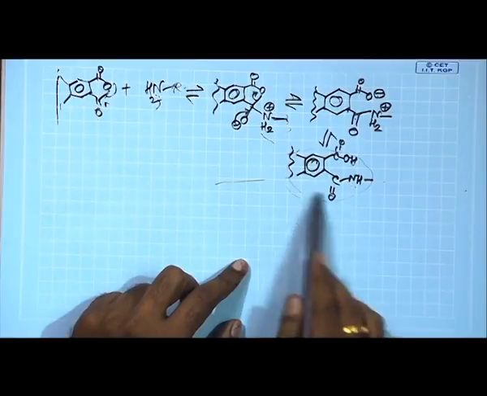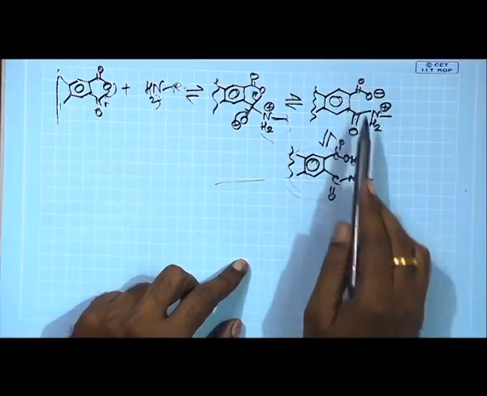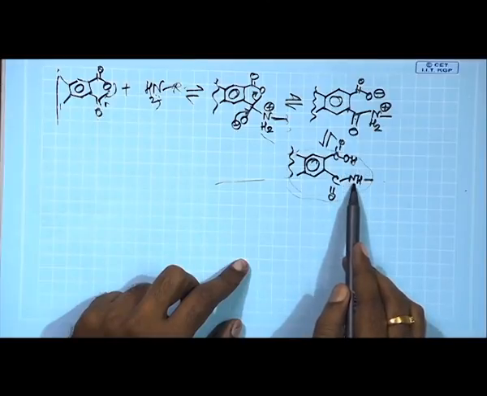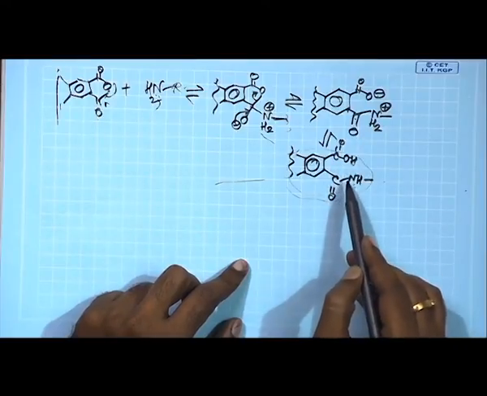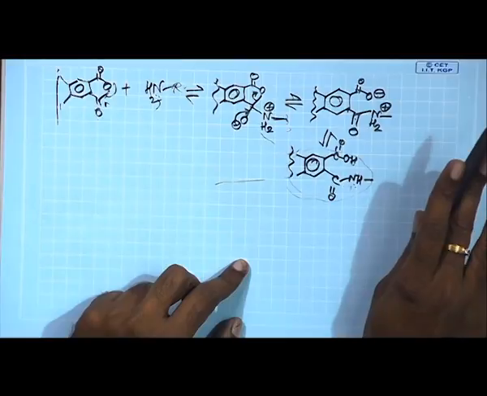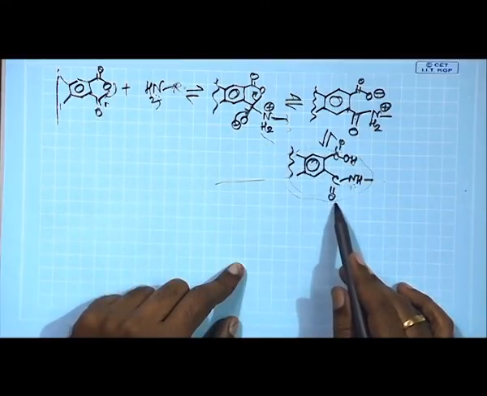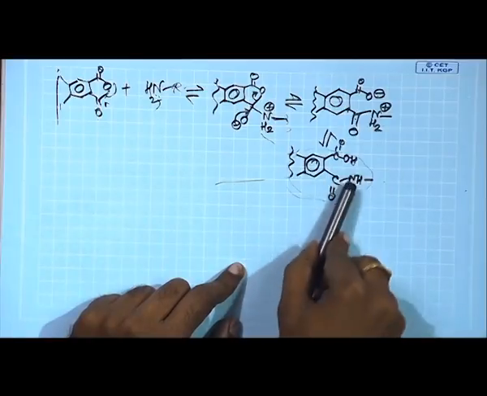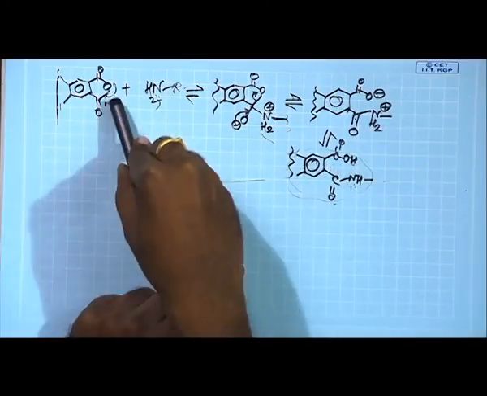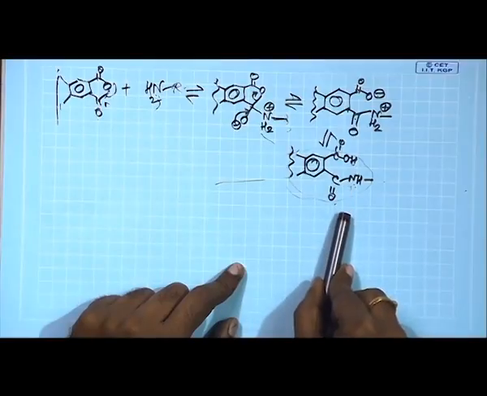Then only from here you can go to this particular species, this proton will be transferred to this nitrogen. So, if you can stop that from happening, then you can actually take the reaction forward. So, that means you are decreasing the rate of the reverse reaction. So, that would mean effectively you can pull the equilibrium to the right.